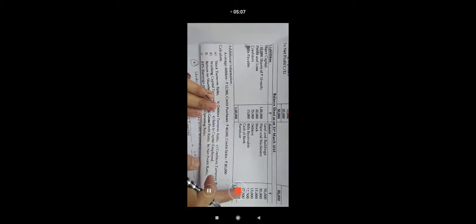We put this value into the formula. Working capital is current assets minus current liabilities. Current assets in this problem are stock 15,000, debtors 15,000, bills receivable 12,500, and cash at bank 17,500.